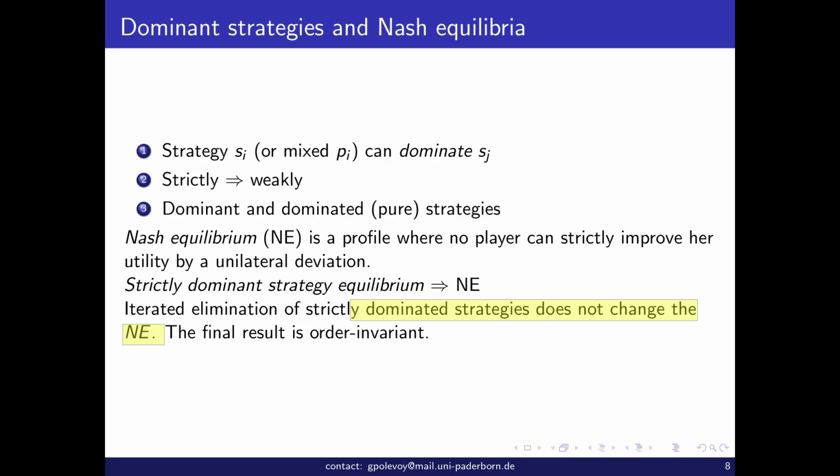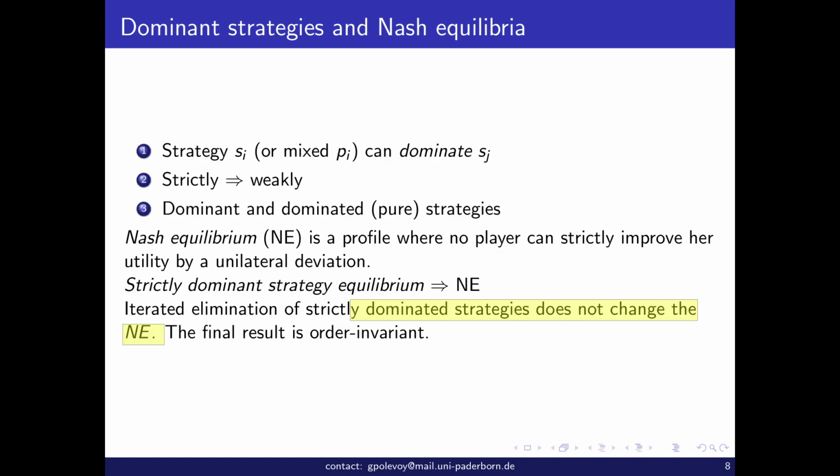So that's a nice way to prepare the game to find the set of Nash equilibria. When we look for that, we iteratively eliminate all the strictly dominant strategies. Also, the set of mixed Nash equilibria will remain the same. So you can always work well.